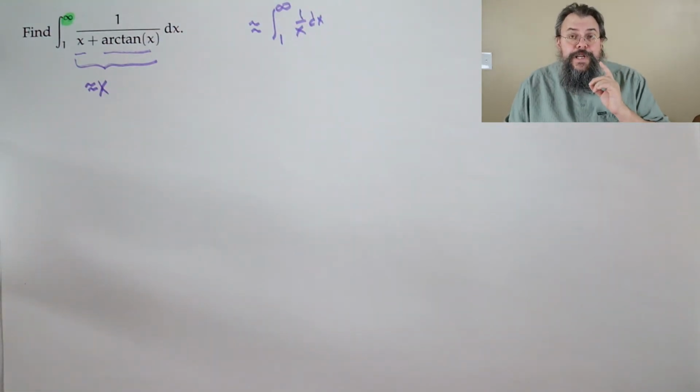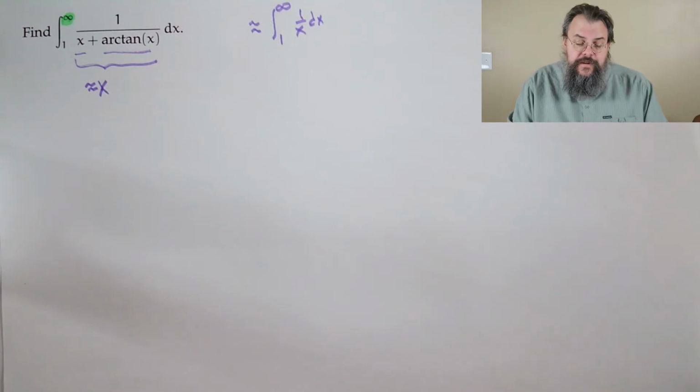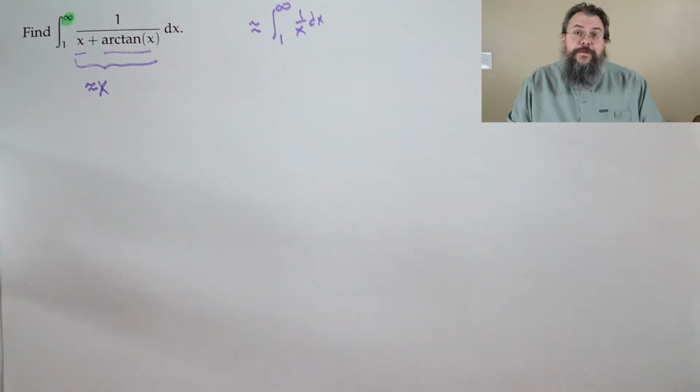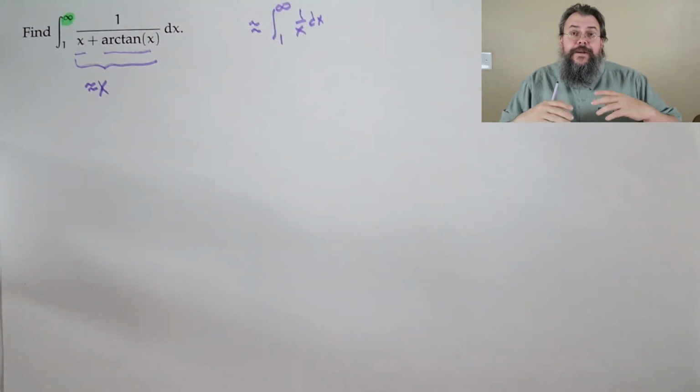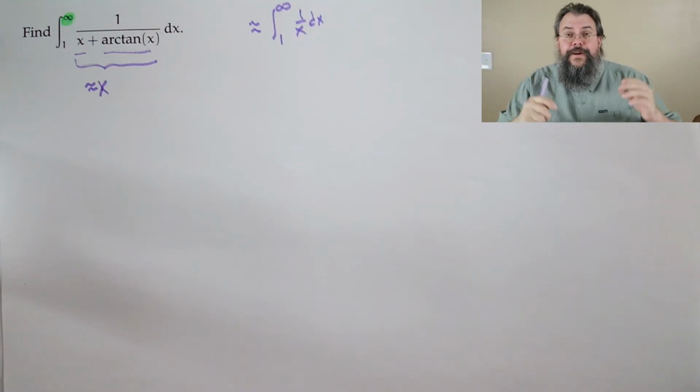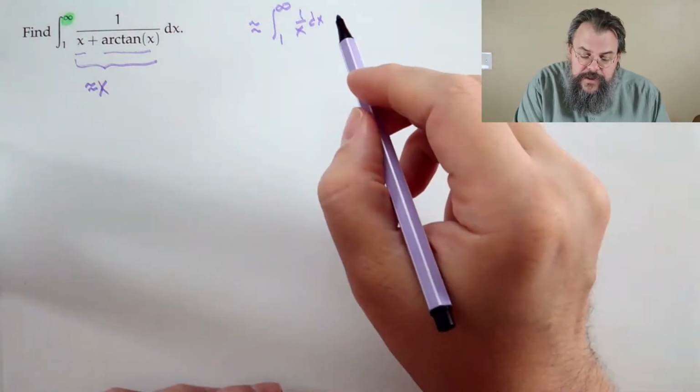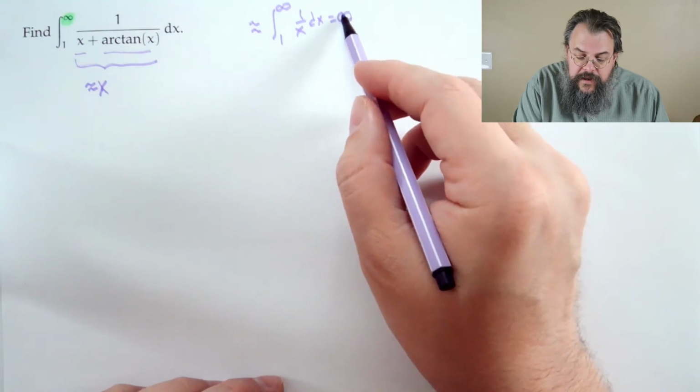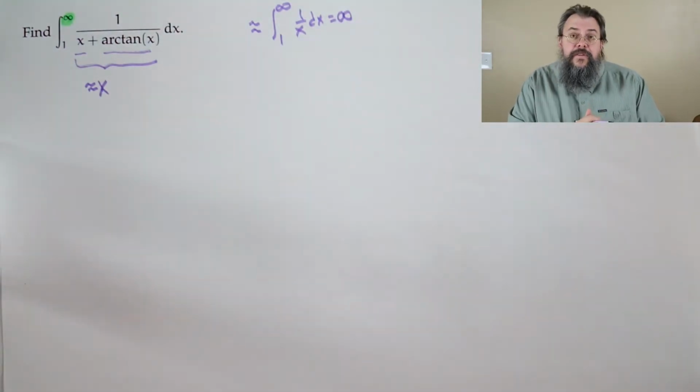And we know what happens to this integral. The integral of 1 over x gets huge. It goes off, becomes arbitrarily large. So this is infinity. So we say, aha, this feels like it should be infinite.